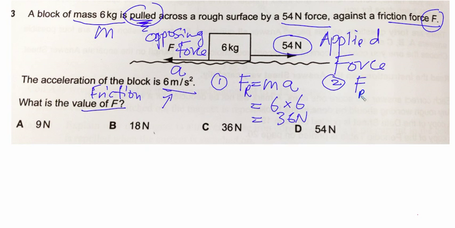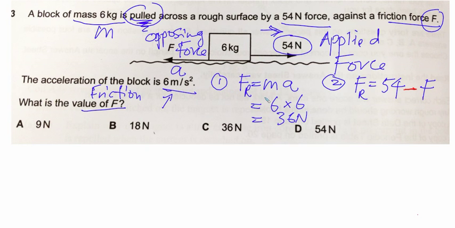In this case, my F resultant will be pointing towards the side which has the pulling force. So I take 54. You notice friction is always in the opposite direction, so I put a minus sign and I minus out my frictional force, which is F. So this is equation 2.